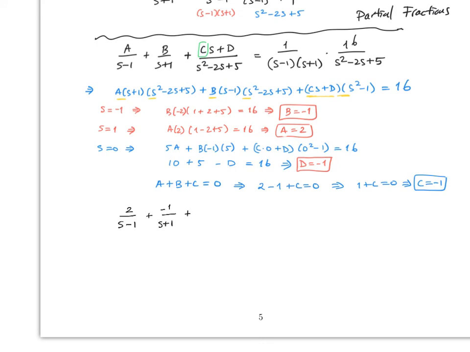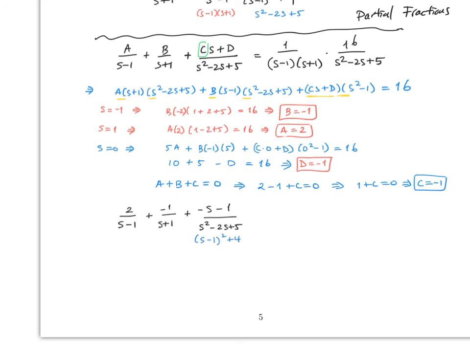The value for C is -1, so this is -s. The value for D is also -1. And on the bottom, we have s squared minus 2s plus 5. Remember that the bottom originally was s minus 1 squared plus 4.